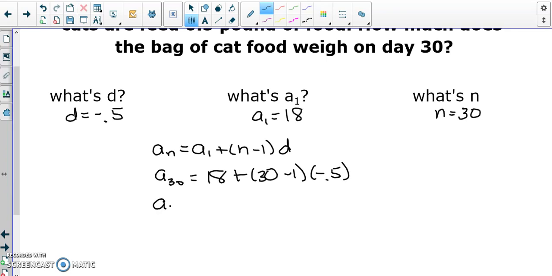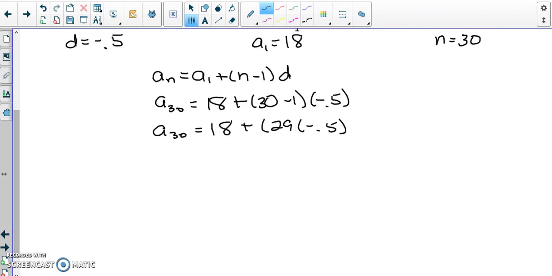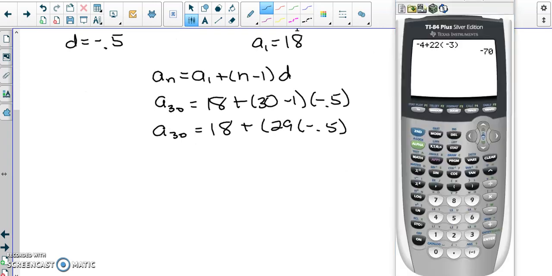So I get a sub 30 equals 18 plus 29 times negative 0.5. All right, what's 29 times negative 0.5? Negative 14.5.